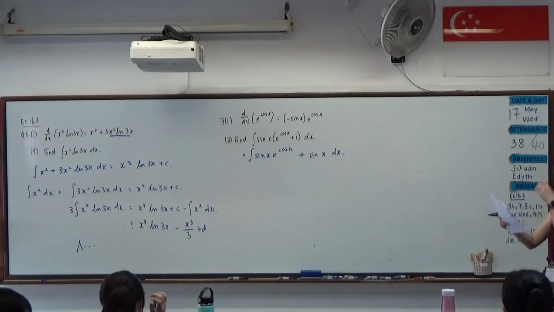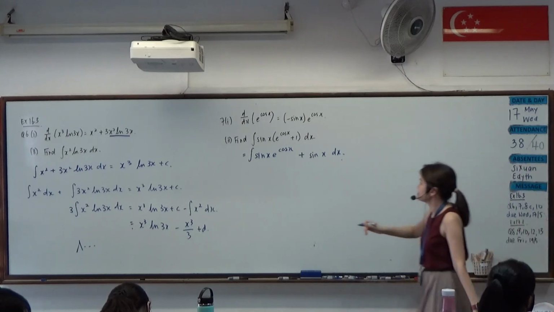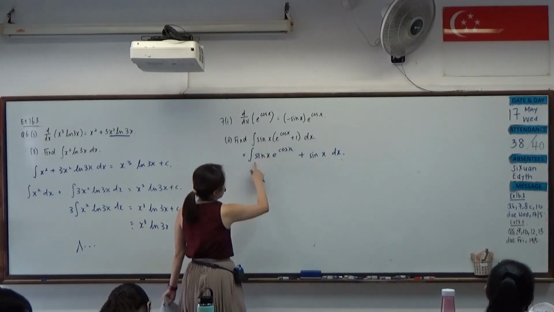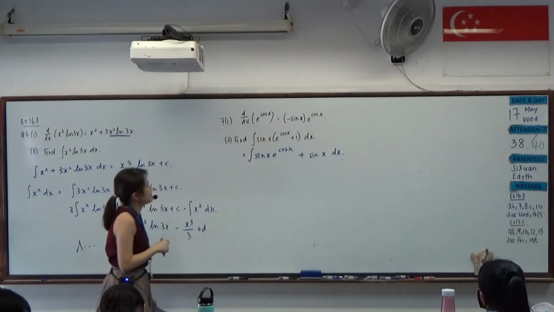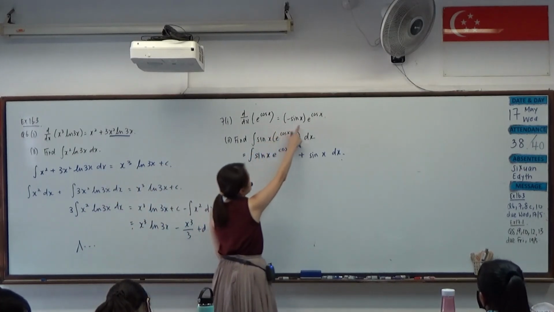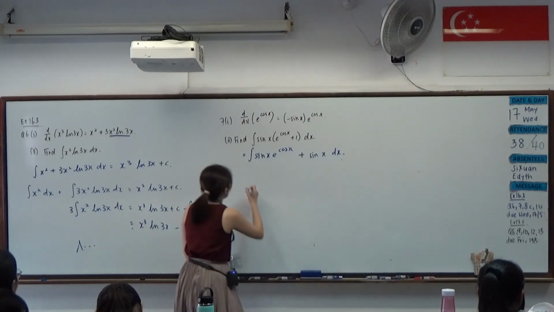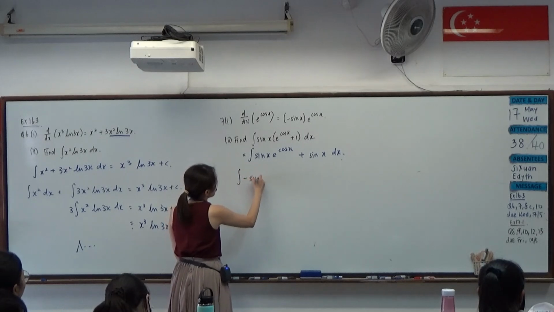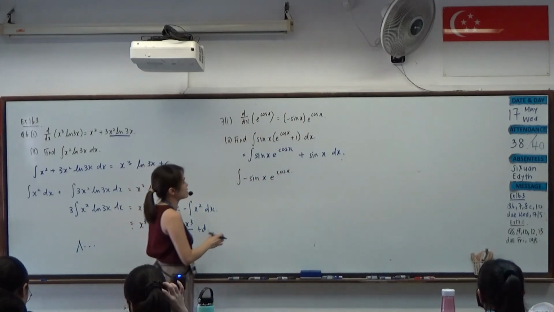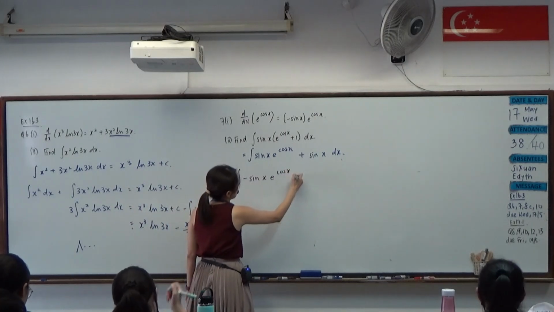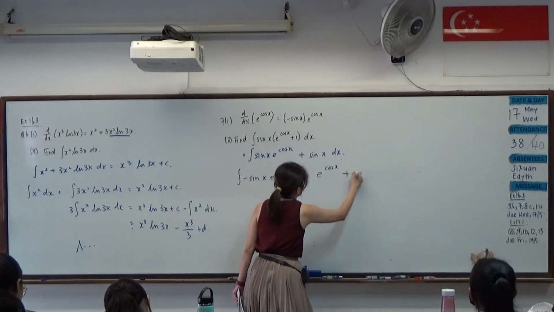Okay, so question 7, part 2. We want to integrate this, we expand it and we observe this. But from our answer in 7 part 1, we actually have negative sine x e cosine x. So what we can do is to just apply what we know first, which is that negative sine x e cosine x, when we integrate it, we should be getting e cosine x plus c.